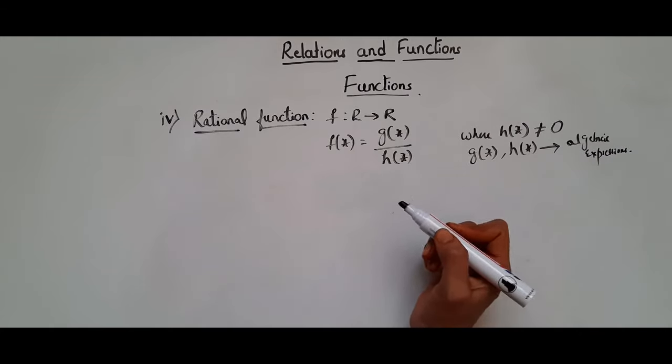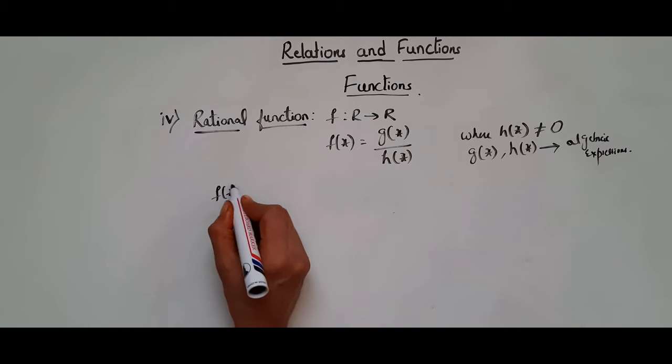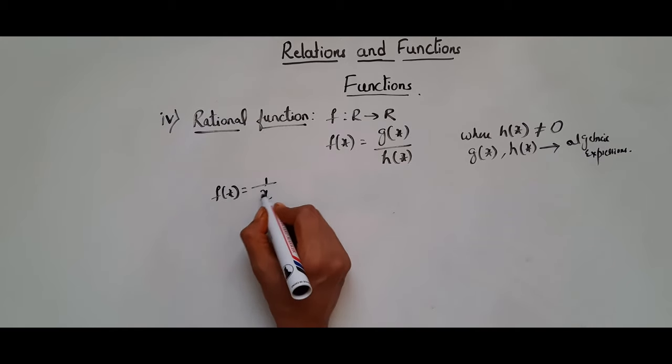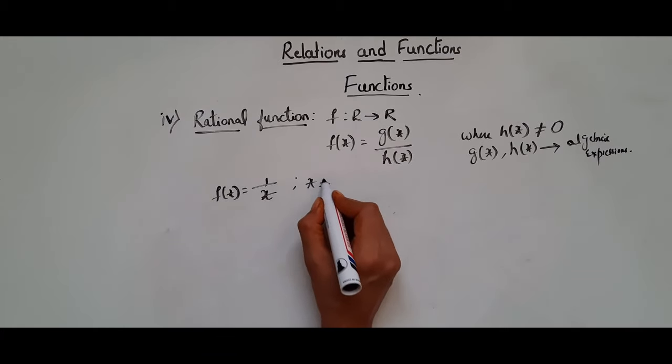Here also, for different functions we have different graphs. So let's take one expression, that is f of x is equal to 1 by x. This is a rational function where x is not equal to 0.